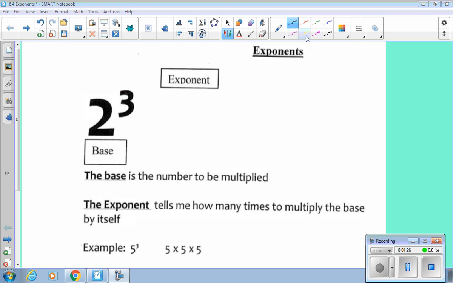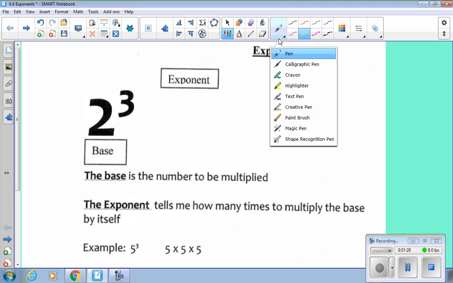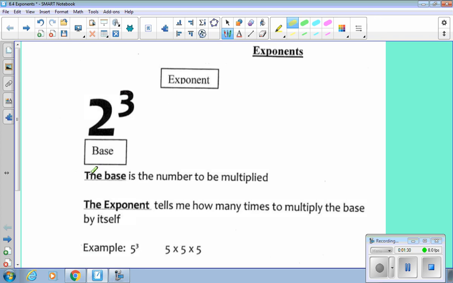The base, or let me highlight it for you. The base is the number that is going to be multiplied. So you see here, base. Base is under the big number. So you can remember base for big.